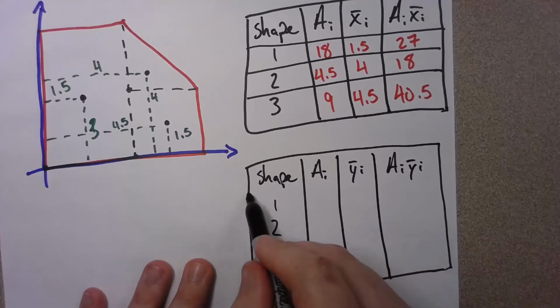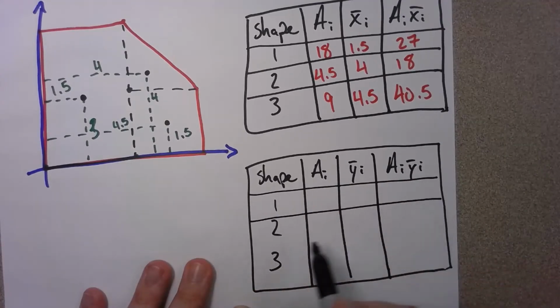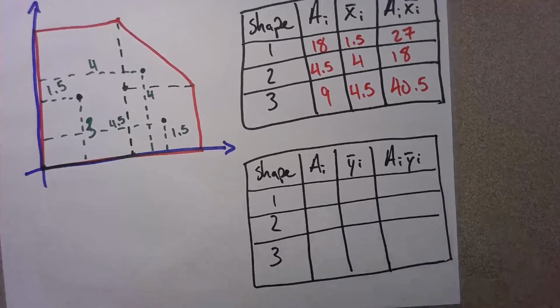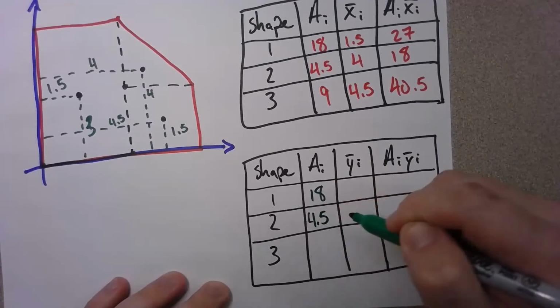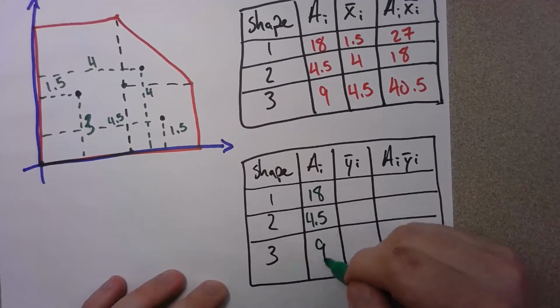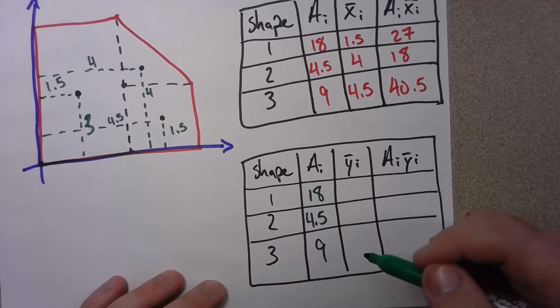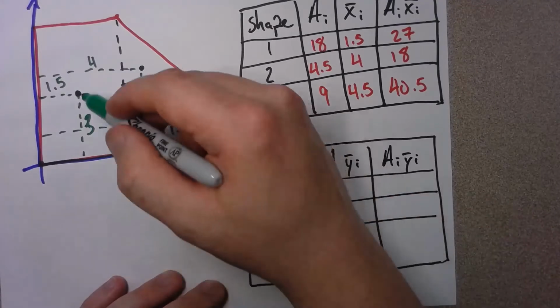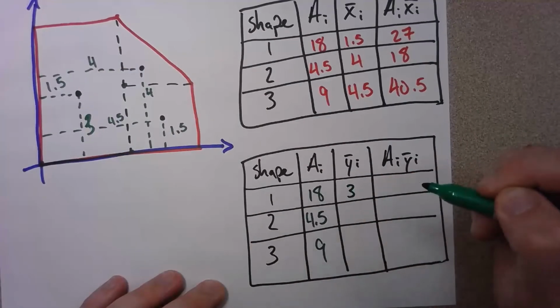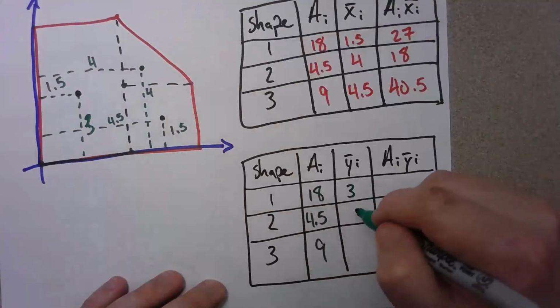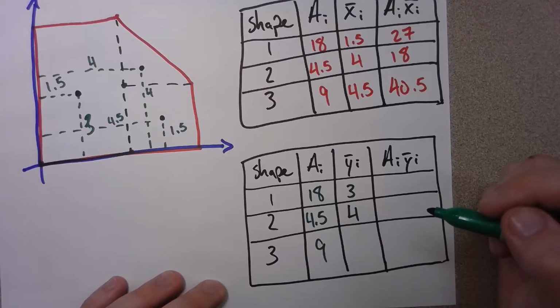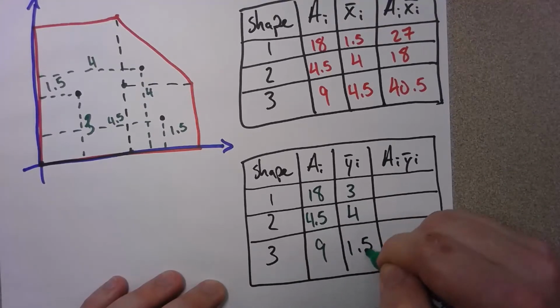Luckily, we already recorded some information in our top table, so we know that this is 18, 4.5, and 9. Okay? Our y bar for shape 1 was 3. Our y bar for shape 2 is 4. And our y bar for shape 3 is 1.5.